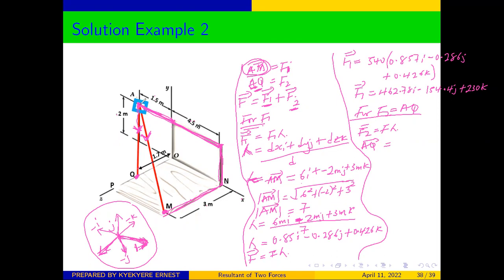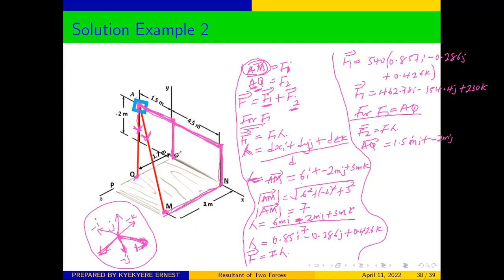So our distance on the x is going to be positive, which is 1.5 meter i, plus. Then from here, we move down on the y. We are moving down, so it's going to be negative. Anytime you are moving down on y, it's going to be negative. So you are going to get minus 2 meter j.